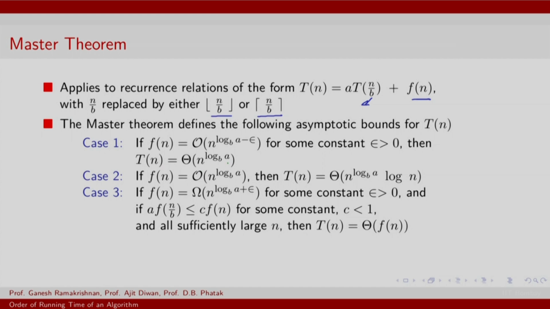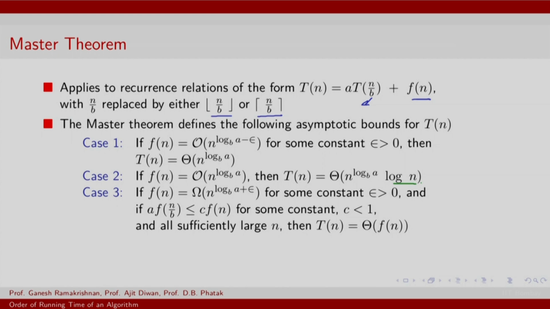Another case is when f(n) is big O of n raised to log to the base b of a, but there is no epsilon, the epsilon is missing. It turns out that T(n) continues to have a theta component with n raised to log to the base b of a, but there is also an additional log n.